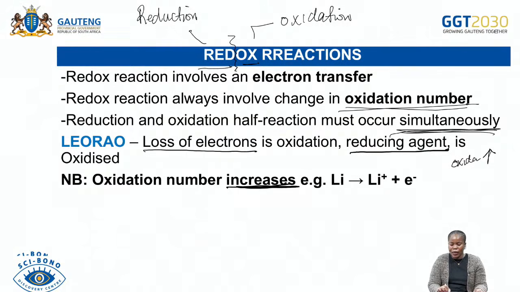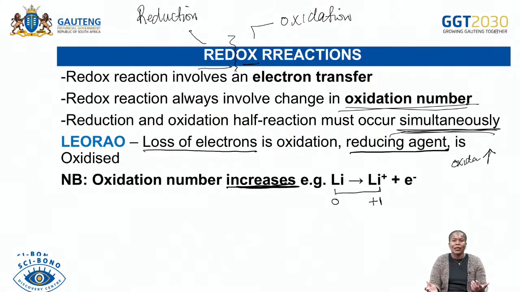We said there is lithium. Lithium before had an oxidation number of 0, because it is just lithium. It is neutral. It is not an ion or a cation. However, this lithium then lost 1 electron. So lithium over here is a positive 1.